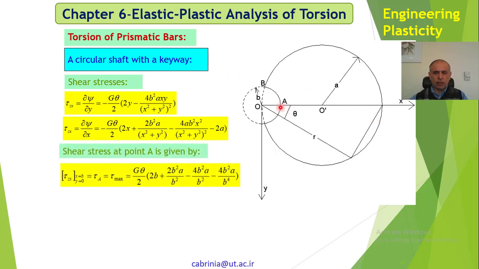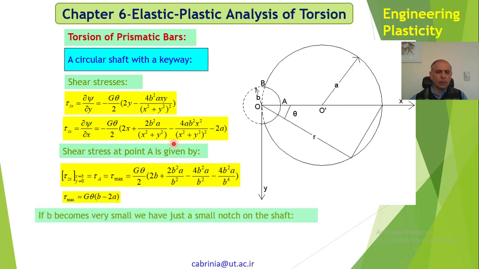And therefore shear stress tau zx at point A, we wanted at point A, so we put x equal to b, because x starts from here. x is equal to b, and y is equal to 0, that's point A. So if we put x equal to b, y equal to 0 here, we get the maximum shear stress. And the maximum shear stress is g theta times b minus 2a. This theta, I said, is different.